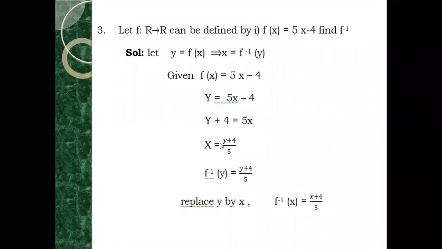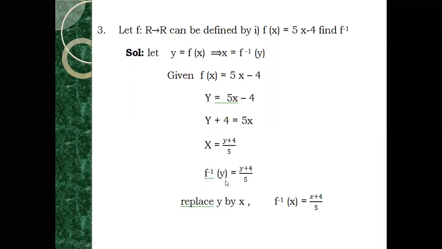So y plus 4 is equal to 5x, and x is equal to y plus 4 by 5. So the x value is equal to f inverse of y. So f inverse of y is equal to y plus 4 by 5.